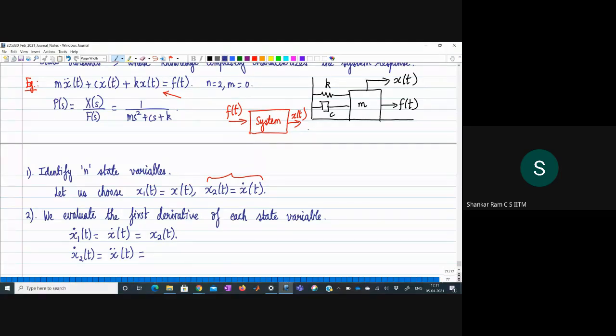Once we get x double dot, if you look at the governing equation, we can immediately rewrite x double dot as minus k by m x of t minus c by m x dot of t plus 1 by m f of t. Just to clarify, from the governing equation, we have m x double dot of t equal to minus k x of t minus c x dot of t plus f of t. We divide throughout by m, and we immediately get that equation.